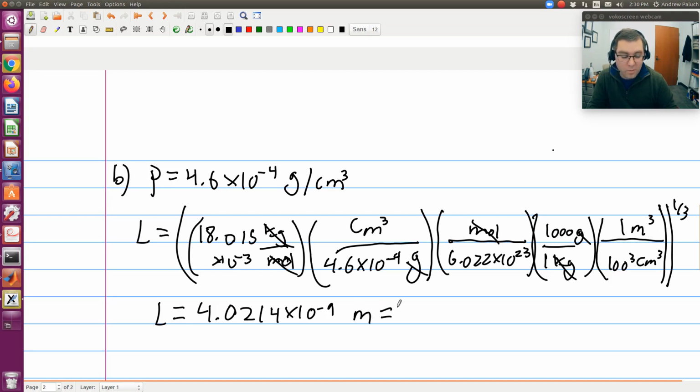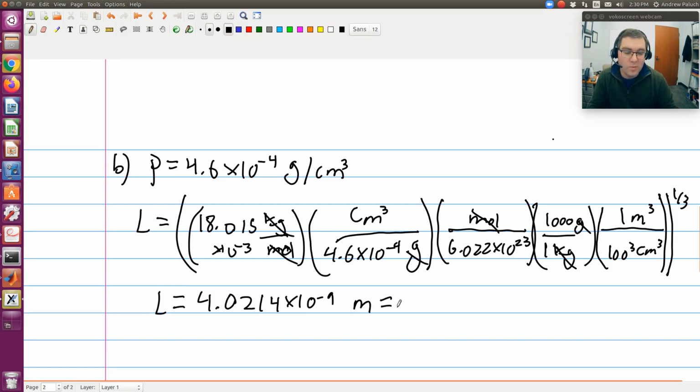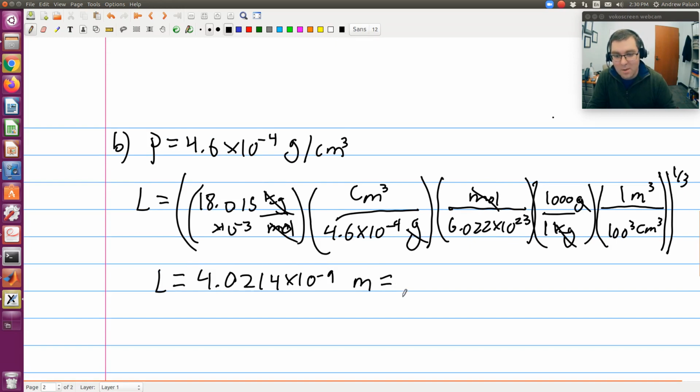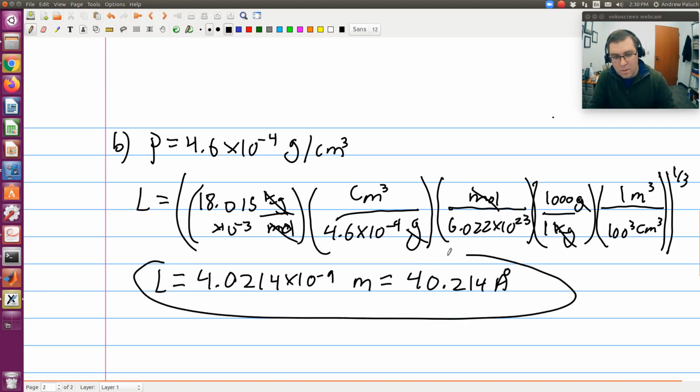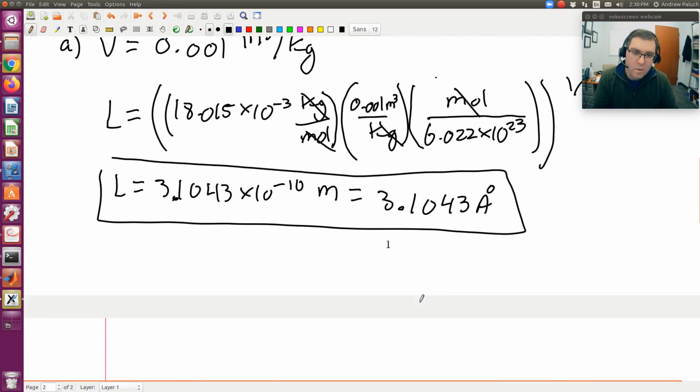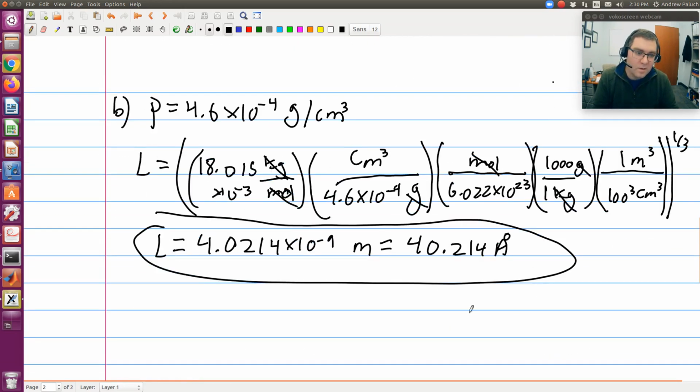Remember, 1 angstrom is 1 times 10 to the negative 10 meters, so now we're at 40.214 angstroms.